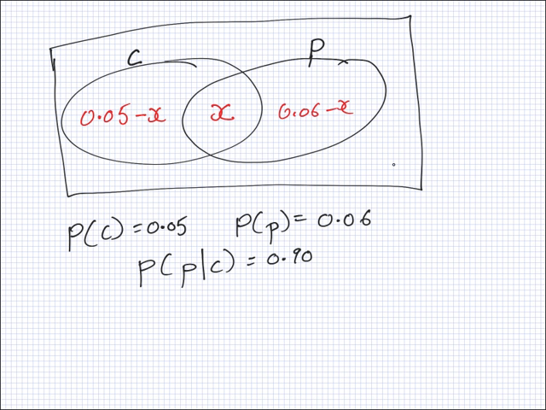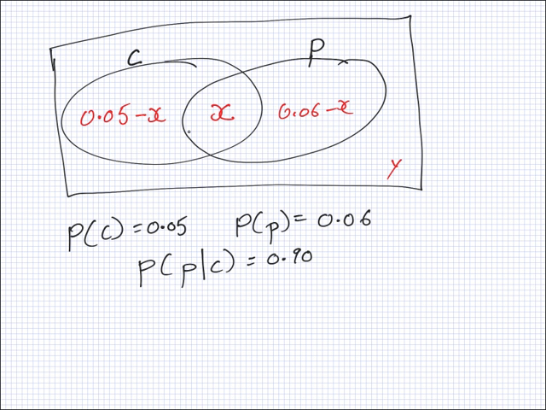We don't know what this outer piece is, but we know the total has to add up to 1. You can call this outer piece y. So we have 2 unknowns, but that's okay, because we can make 2 equations.